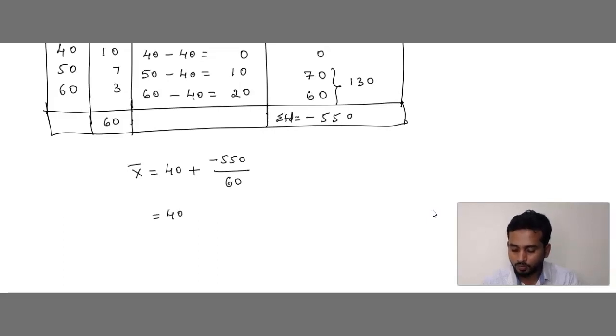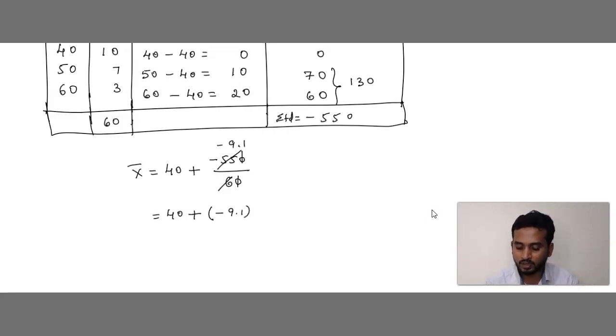That's nothing but 40 plus, the 0 0 get cancelled. 6 ones are 6. 6 into what is nearest to 55? 6 nines are 54. Then the remainder is 1. So 0.1. So that's nothing but 40 plus minus 9.1.